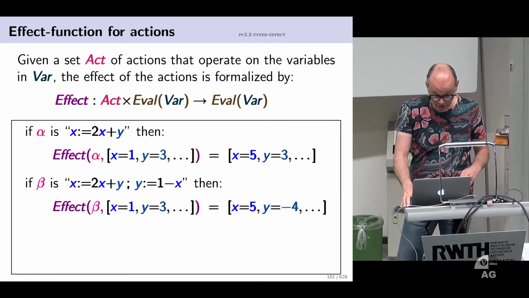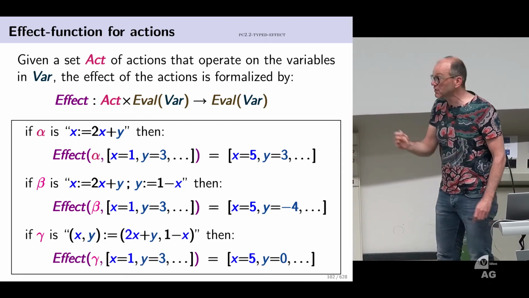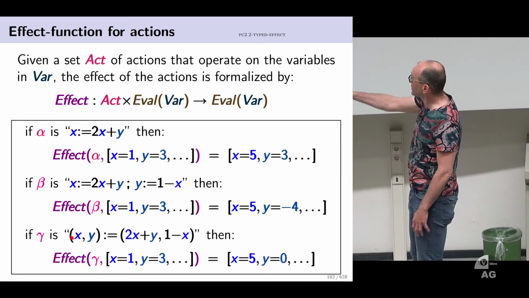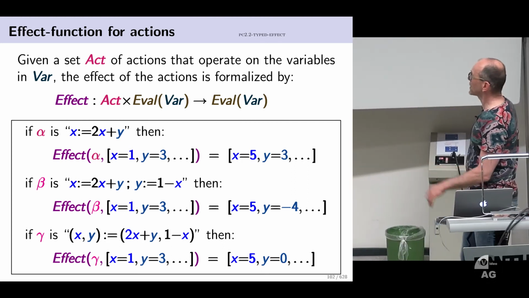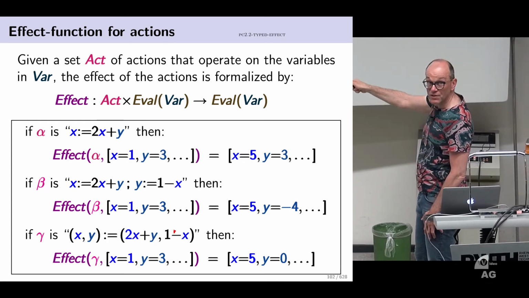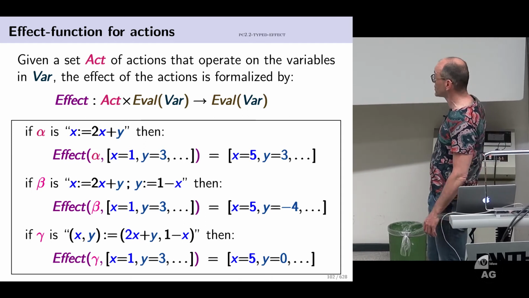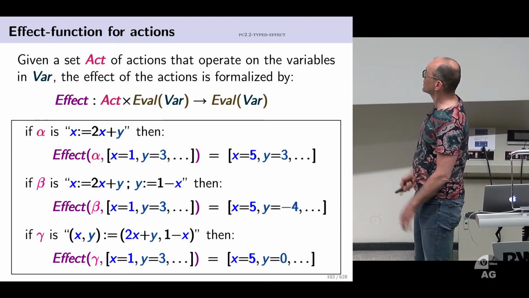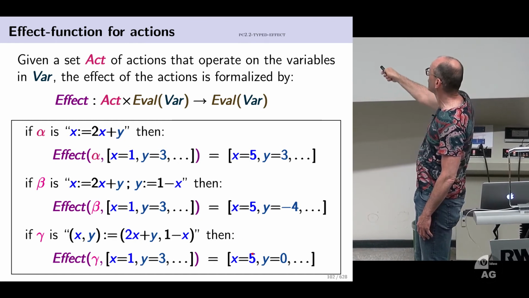This is different in the following thing, and here what I mean by this notation is a parallel assignment. This is an assignment that takes x and y as a pair, and on the right hand side says x becomes 2x plus y and y becomes 1 minus x. Now this is different from this statement over here in the following sense. x is still 2x plus y, which means 2 times 1 plus 3 is 5.